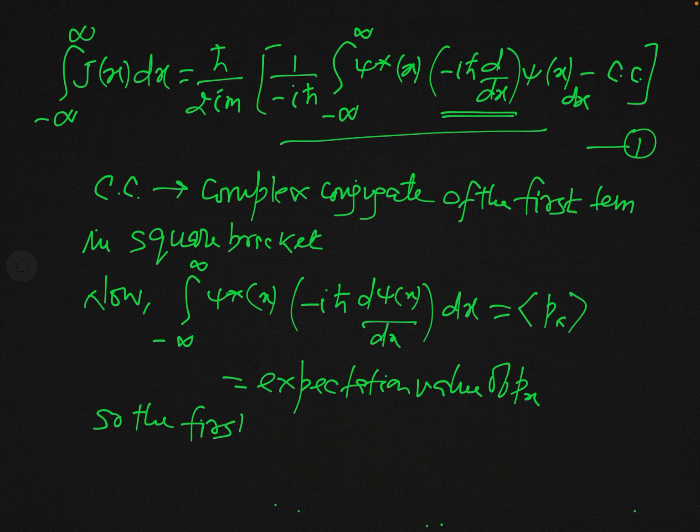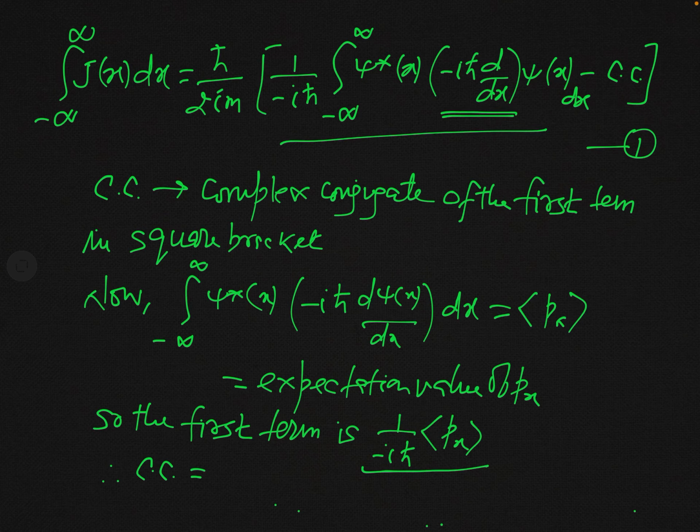So you can see the first term is 1 over minus I h cross expectation value of px, and since this cc is the complex conjugate of the first term, so what will be this cc?